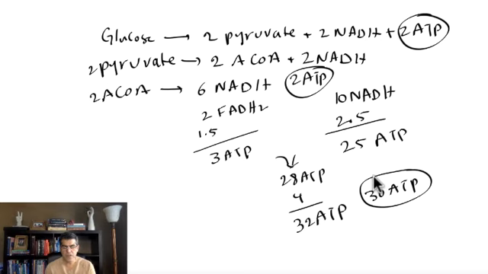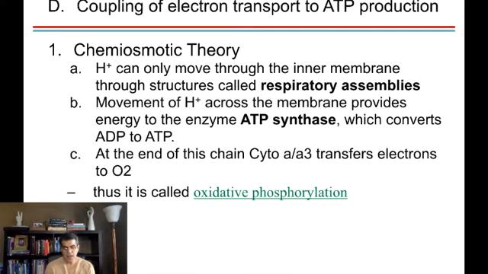The cell is not always in the perfect scenario, so many times the cell does not create 32 ATP, but creates only 30 ATP. So for the sake of this discussion, we'd say the cells create 30 ATP the majority of the time, but sometimes 32 ATP.